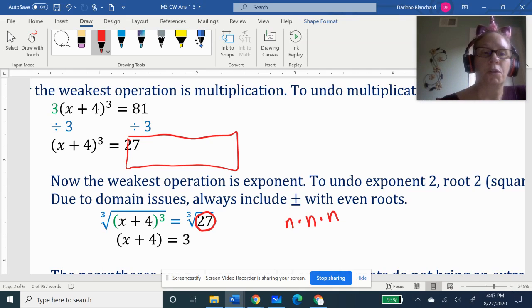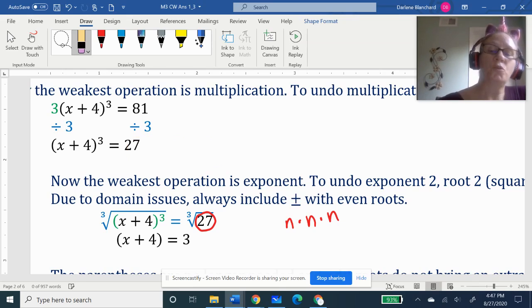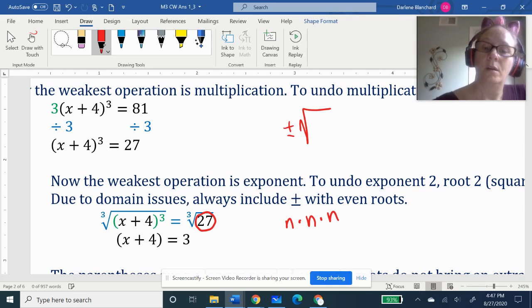Now I want to mention that when you take a square root of both sides of the equation, you have to do plus or minus. But it's an even root. It's an understood 2 index. When the index is odd, like 3 for the cube root, you do not need a plus or minus, and we're going to continue to talk about that throughout the course, including later on today.